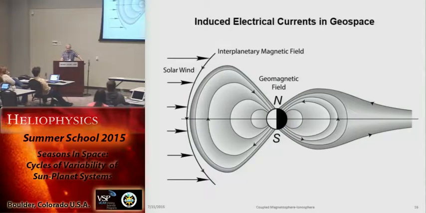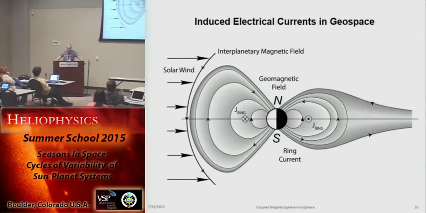So for this situation, you see an interplanetary magnetic field that's oriented southward coming in with the solar wind. Close to the Earth, the magnetic field, if there weren't a South Atlantic anomaly, would be approximately dipolar. And then as you go away from Earth, you start picking up contributions from the current systems that are flowing in geospace.